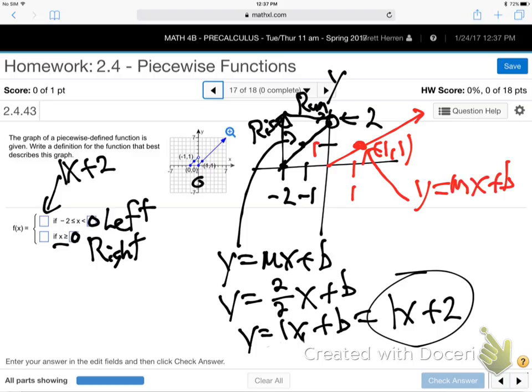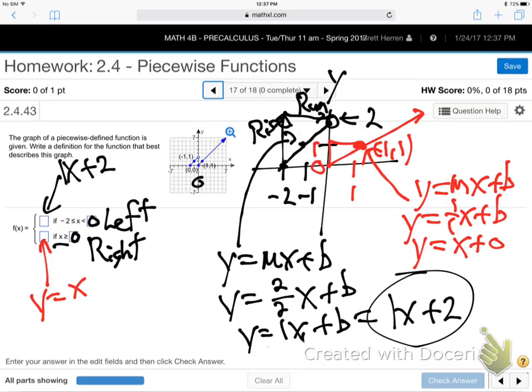What's the slope? Up 1 over 1. 1 over 1, x plus b. What's the y-intercept? Where does it hit the y-axis? At a height of 0. x plus 0, or just x. So this one is y equals x. Does that make sense how we did that? mx plus b. All right, let's stop there.